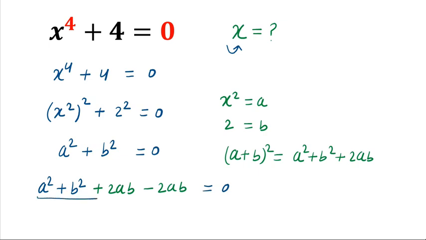Look carefully at these three terms. This is a perfect square expression: a square plus b square plus 2 times ab is the same as a plus b whole square. Here a plus b whole square minus 2 times ab is equal to 0.